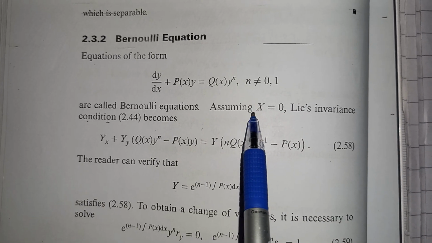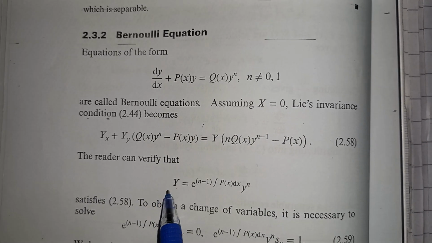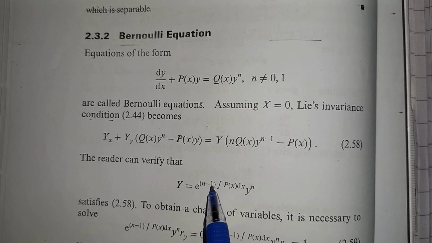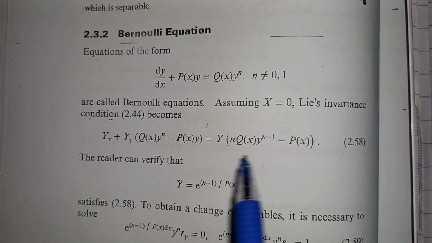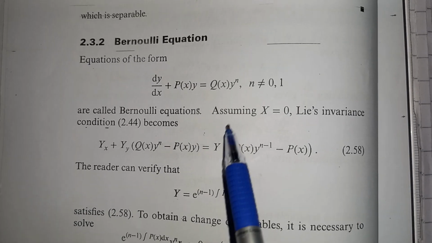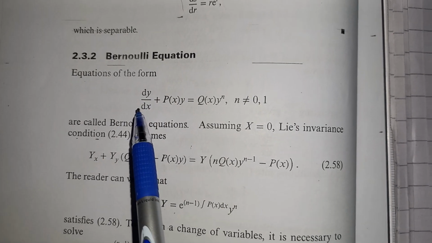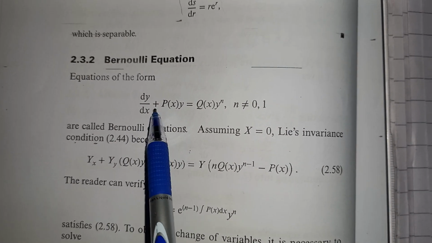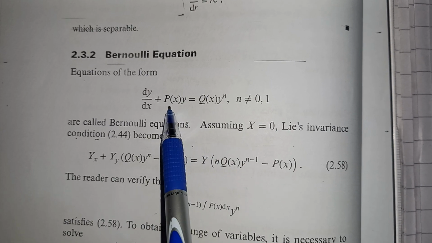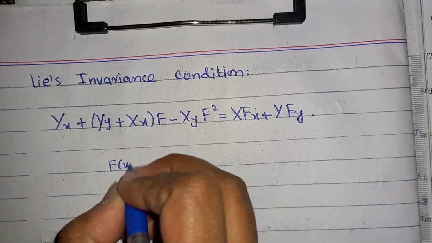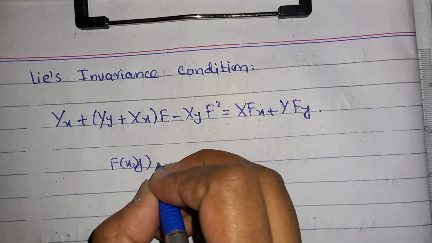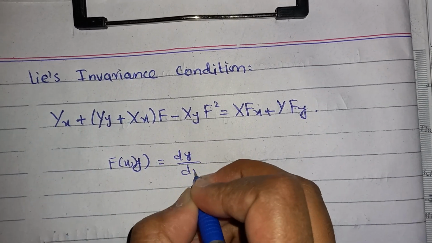Now students, here I have selected the value for xi equal to 0 and the value of eta equal to e raised to power (n minus 1) integral p of x dx, times y raised to power n. Now if you use these values of xi and eta, and obviously f of x, y is equal to q of x y raised to power n minus p of x y, because you know from the linearized invariance condition that f of x, y is basically dy by dx.